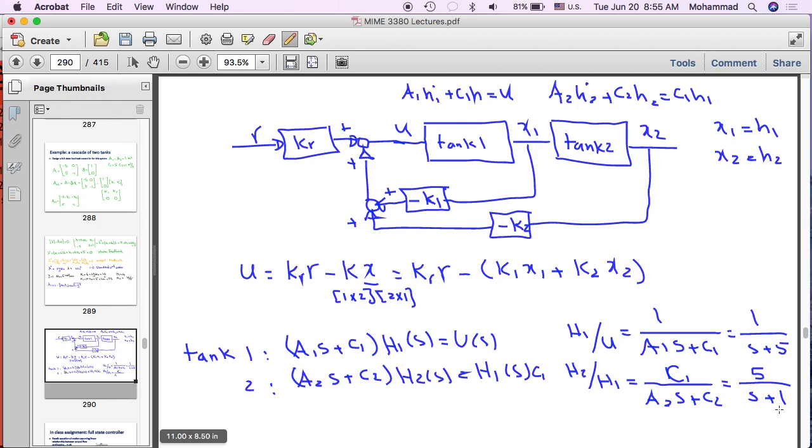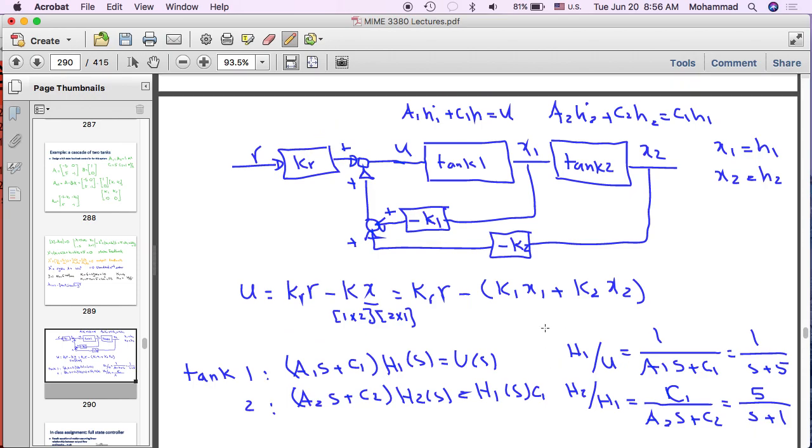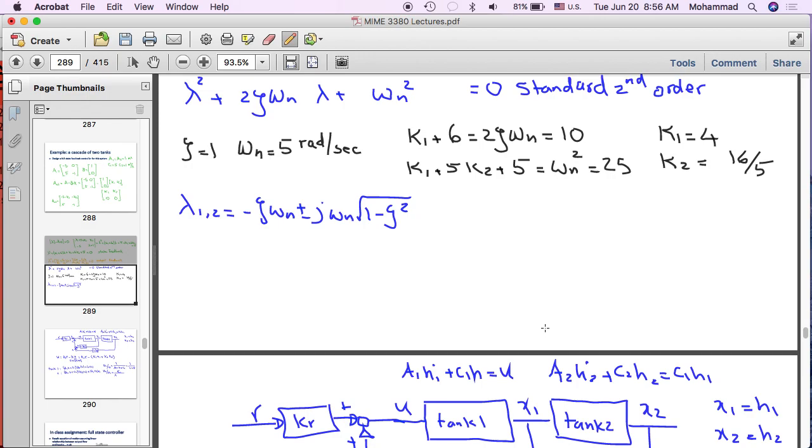So what we are doing here is creating the block diagram that I have on the slide in Simulink, and we haven't defined what K1 and K2 are going to be. The last calculation we did was to place the two eigenvalues such that zeta was 1 and omega n was 5. That resulted in K1 of 4 and K2 of 16/5.